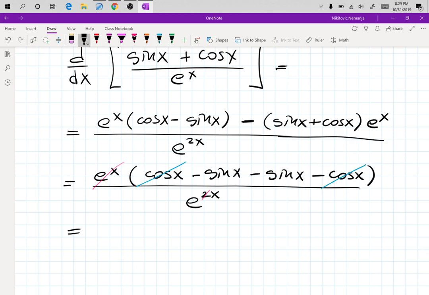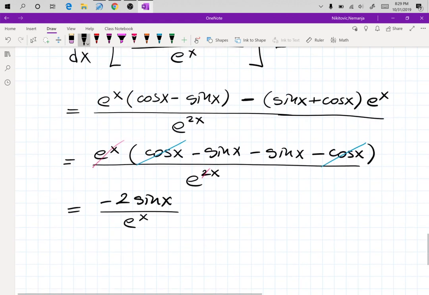So what's left is negative 2 sine x divided by single e to the x. We can't simplify this anymore. Just leave it there. So we can or we can't? Cannot. There's nothing else to do.